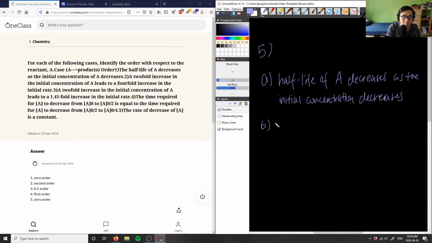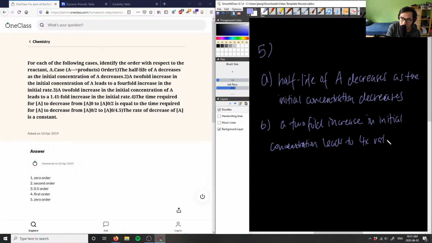B says a 2-fold increase in initial concentration leads to 4 times the rate.